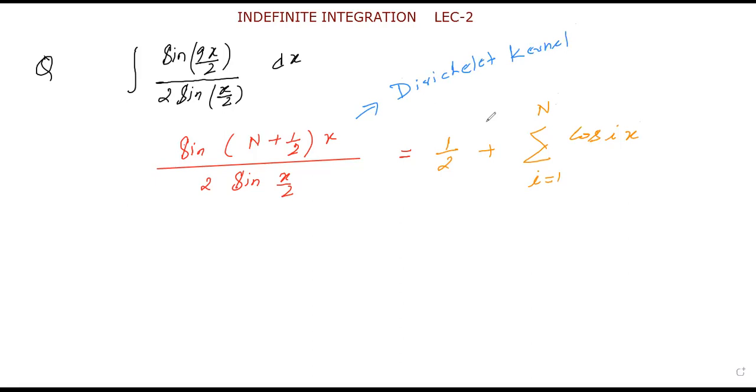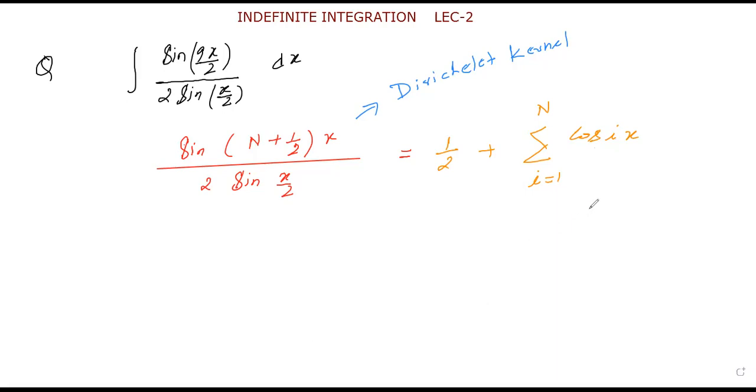If you want to prove this identity, you have to consider your right hand side and expand the sigma: cos x plus cos 2x, and finally when i equals n, you get cos nx. Now you have to use a simple formula for when the angles of cosines or sines are in arithmetic progression.